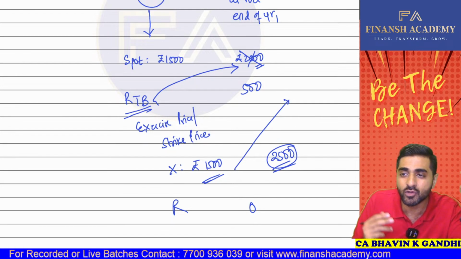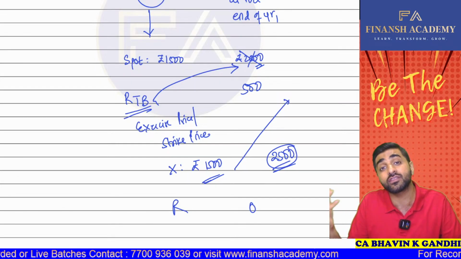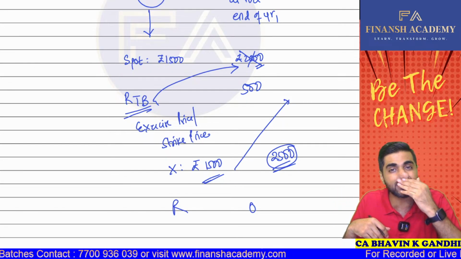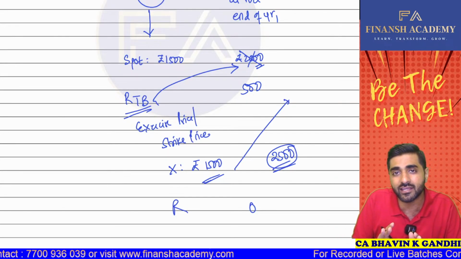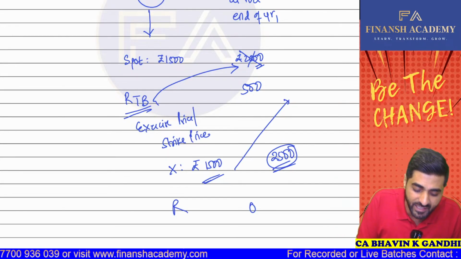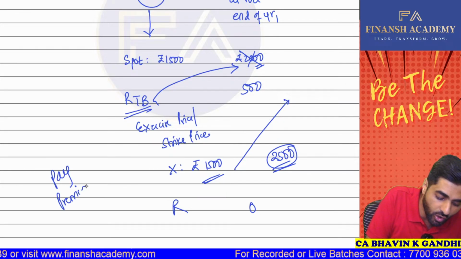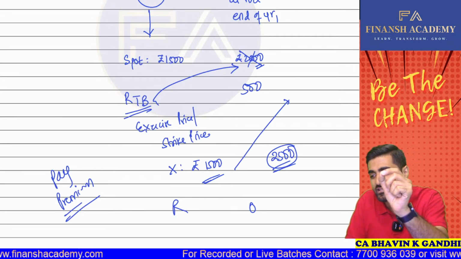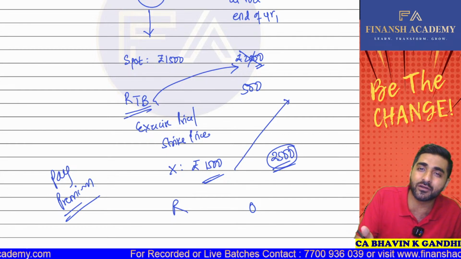Yes, sir. Now you must be thinking, who will enter into such a contract where it is at the discretion of the option holder whether to buy the particular asset or not, or whether to execute the option contract or not? So in this case, the option buyer is required to pay some premium to the option seller. Suppose today's price is 1500 rupees, and suppose the strike price is also 1500 rupees.